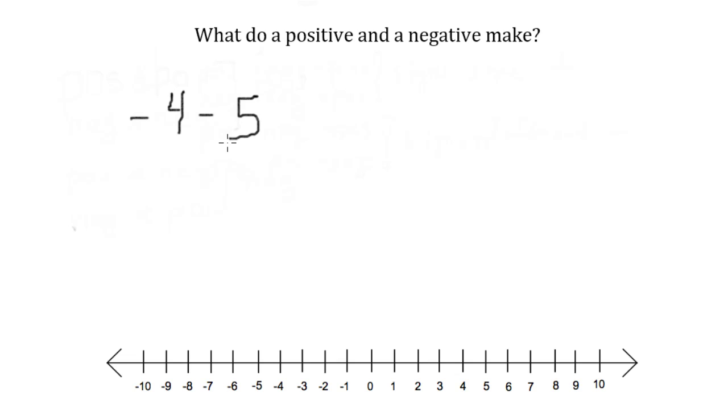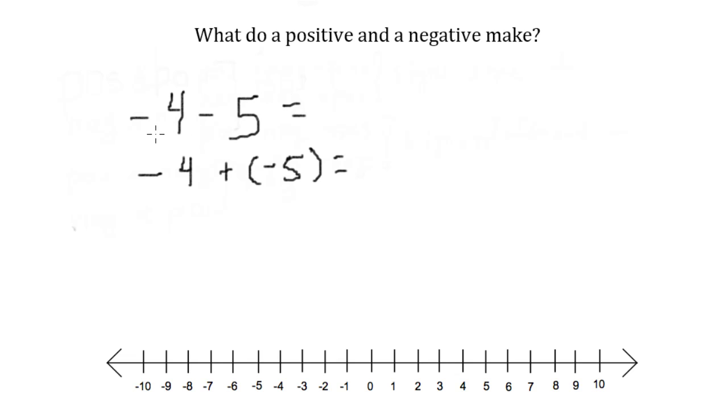In this case, when the signs are the same, we have a negative 4 plus a negative 5. These two things are exactly the same. Because the signs are the same, you're just making a number of greater magnitude that's going to either be positive or negative.